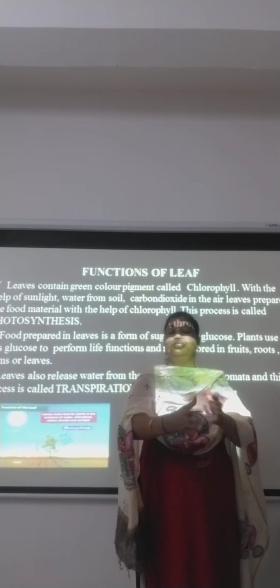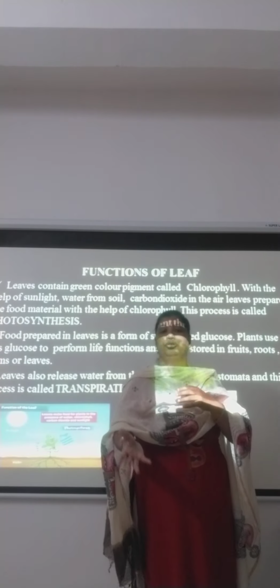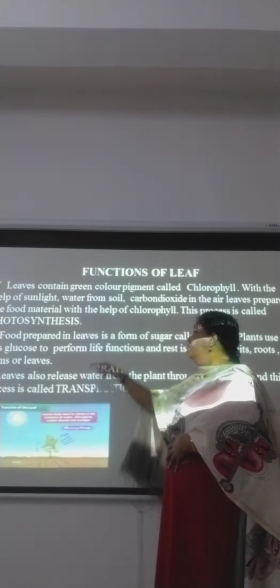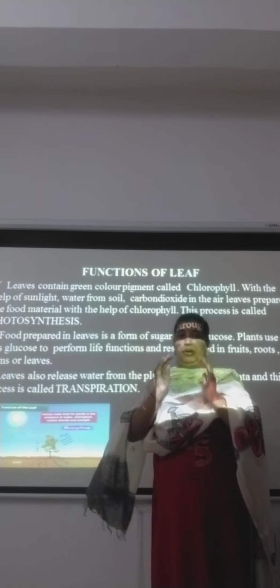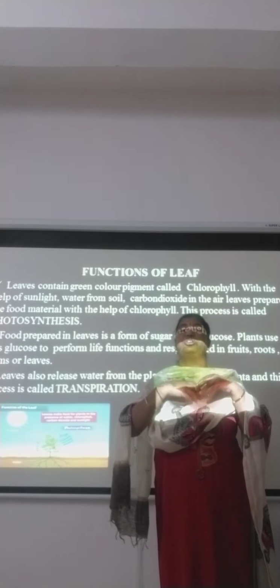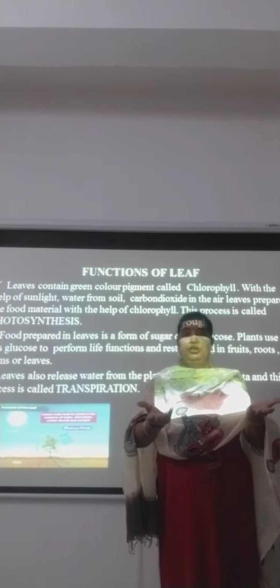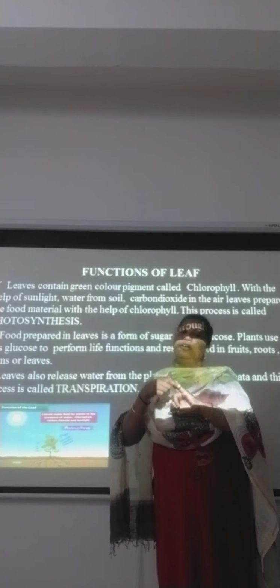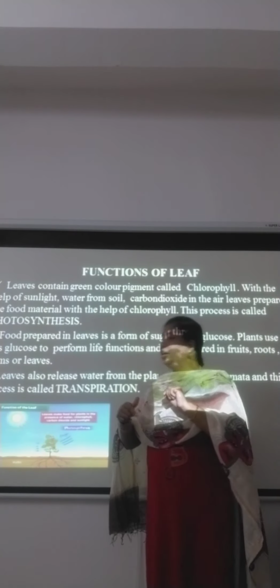This glucose is used to prepare a fruit by the plant. So whatever food it is preparing, some food it is utilizing to grow, and the remaining food is given to us in the form of fruit or vegetable. Understood, children? Right.